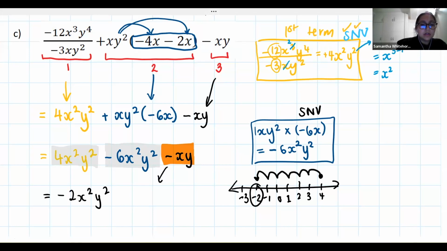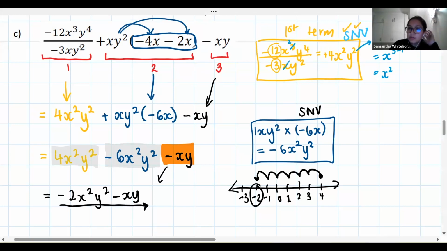And then I still include my minus xy because it's still part of my expression. It just doesn't change because there were no like terms. Okay, so very, very nicely done if you got that. If you didn't, please make sure you have checked to see where you made a mistake, where maybe you didn't understand something, so that you can make your corrections.